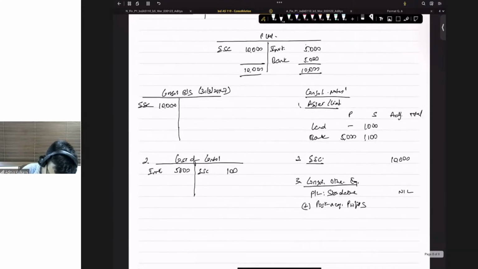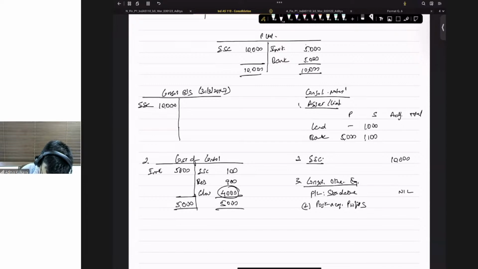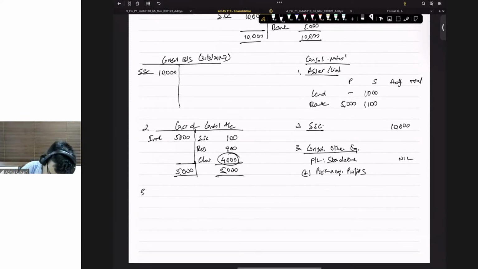Reserves on that date is 900. So this gives rise to a goodwill of 4000. So this is your cost of control account. Working note number 3, NCI, this will be 0 because 100% stake.